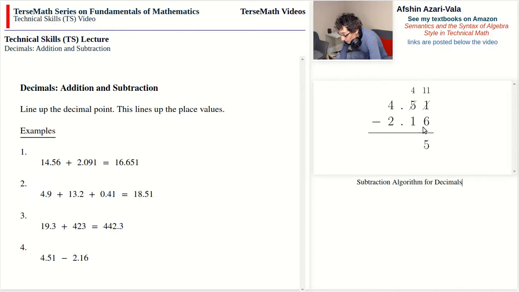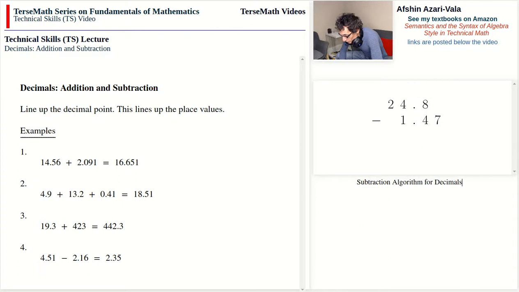We don't say 6 hundredths from 11 hundredths leaves 5 hundredths, but just 6 from 11 leaves 5. And that's fine, because it sort of speeds up the process of talking and communicating. Although the understanding should be there, that you're really subtracting hundredths from hundredths, and tenths from tenths, and ones from ones. Okay, so the answer to this problem then is 2.35.